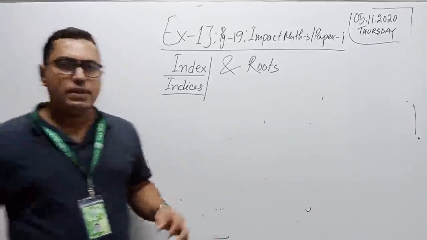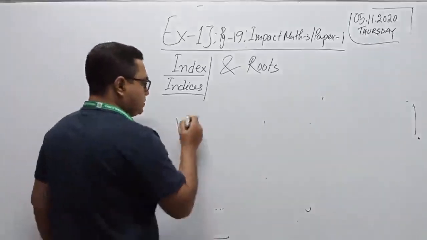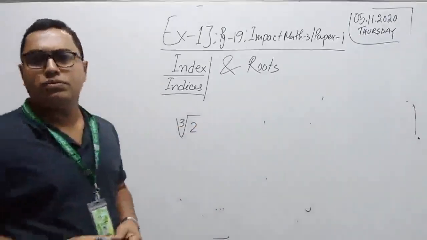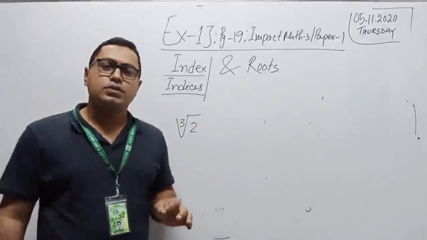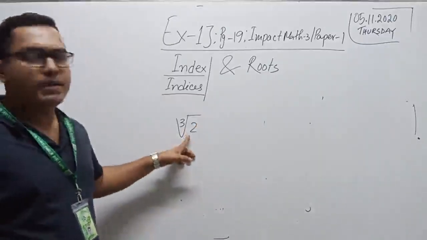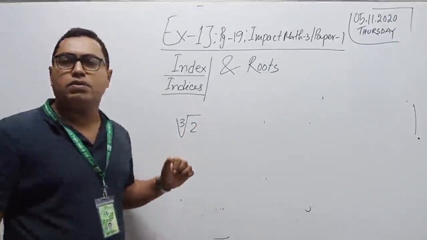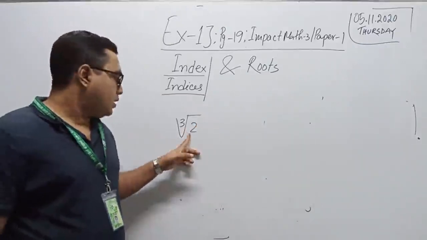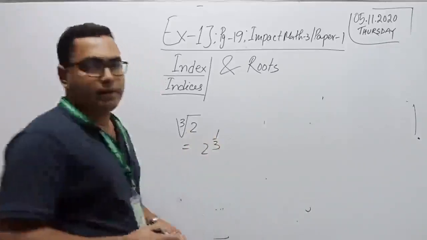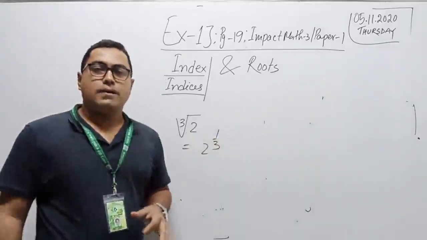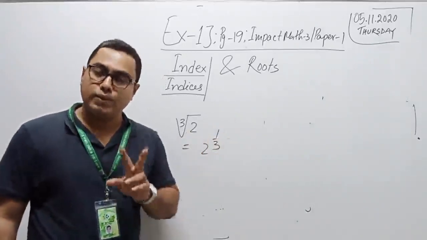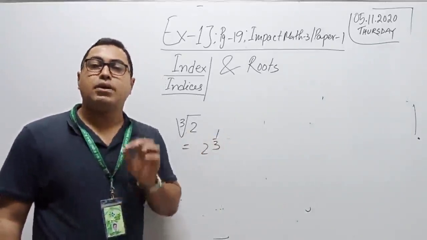But if I ask you a question, suppose cube root of 2. Cube root of 2. If we write this number, is it right or wrong? If we use this number, suppose 2 to the power of 1 by 3. For 4 and 8, we got integer numbers, whole numbers, or non-fractional numbers.